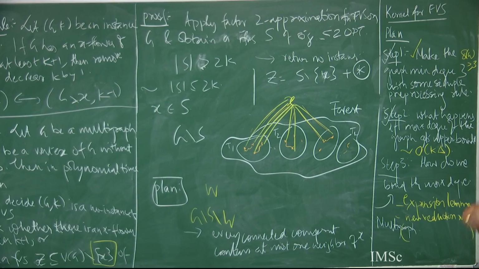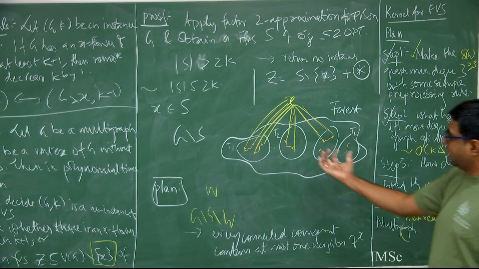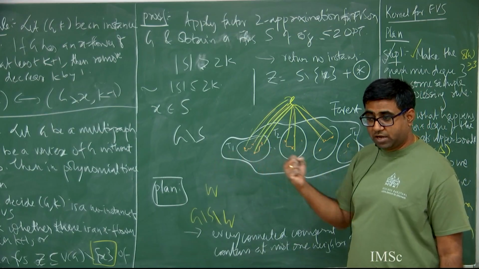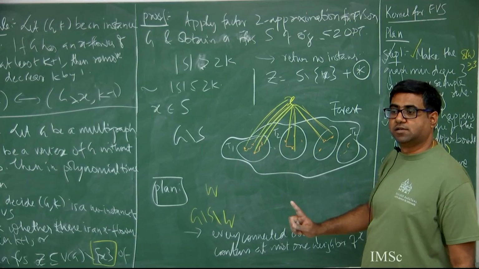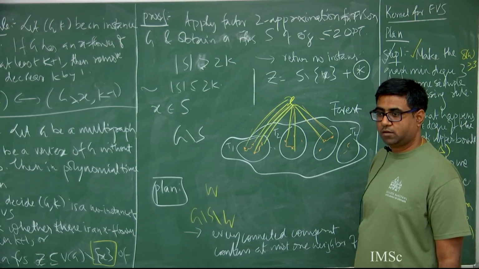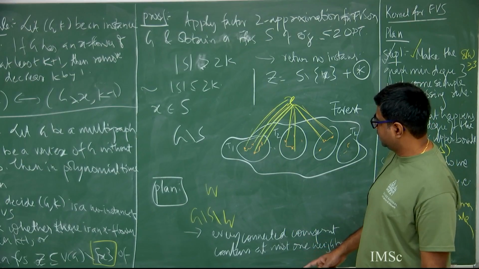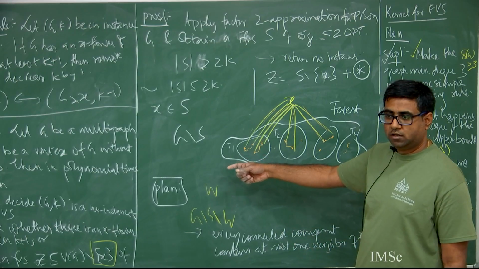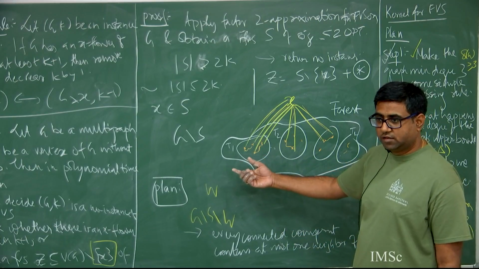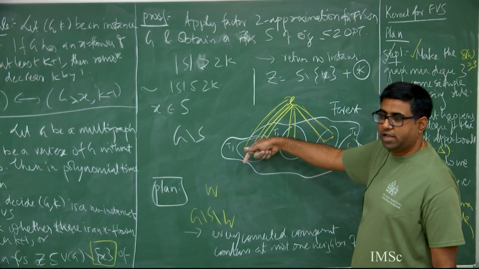Why? Because how can you have a cycle then? Think about it. After I delete W, I'm claiming to you that this graph has no cycles. Because every component has exactly one neighbor of this guy.